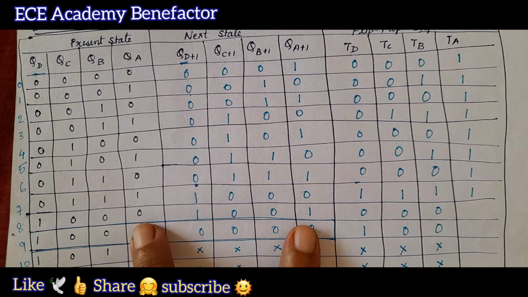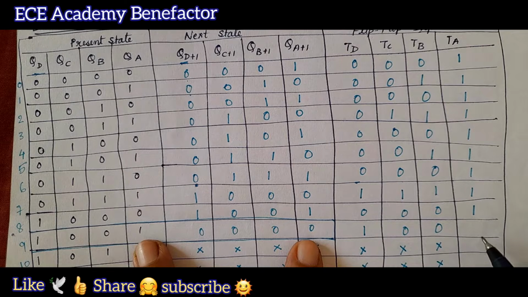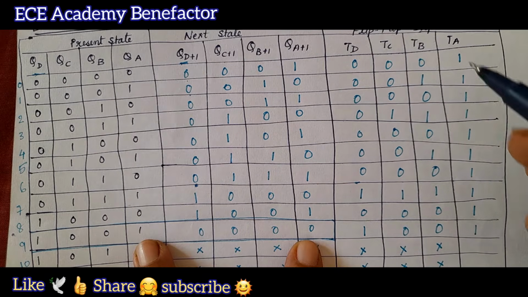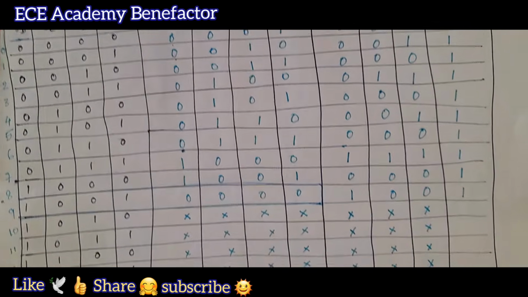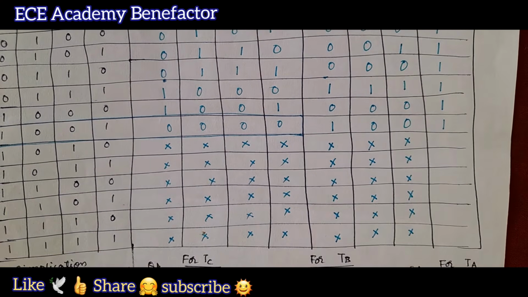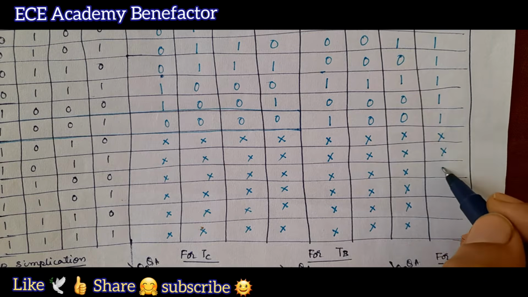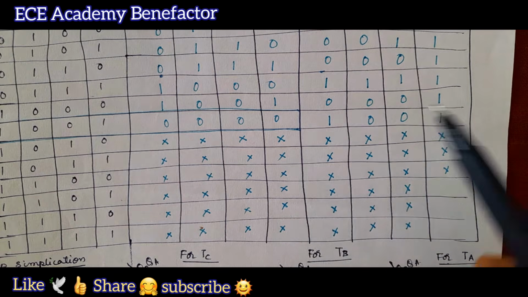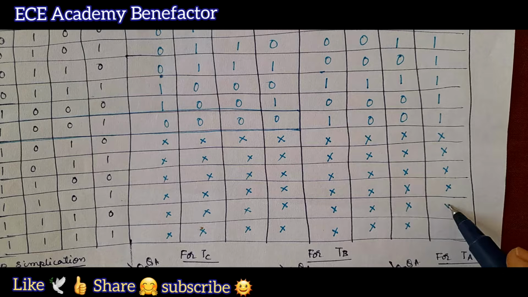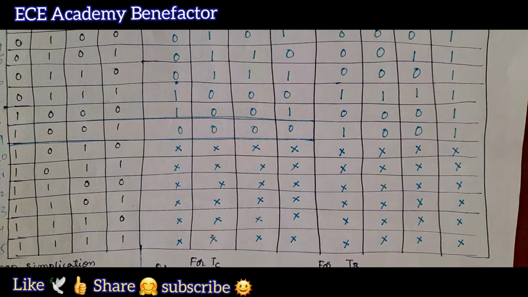This is 0, this is 1, so it will be 1. This is 1, this is 0, it will be 1. So from 0 to 9 TA is all 1, and from 10 to 15 what will be the outputs? They are don't care. So we put them cross sign, because this QA plus 1 column is all don't care, because 10, 11, 12, 13, 14, 15 states don't exist in the state diagram.